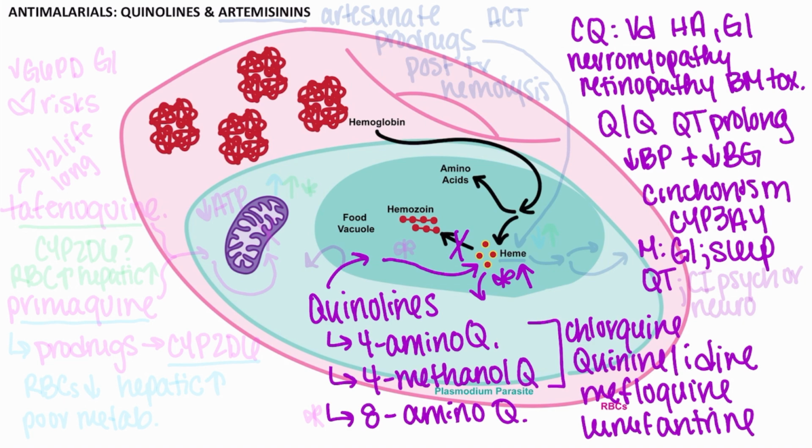Now, this agent is going to be contraindicated in those with psychiatric or neurological issues, and it's also going to be contraindicated in those that have a family history of things like seizure and psychosis risk. There is also mefloquine-induced pneumonitis. And then lastly, the main mechanism of resistance for these quinolines is going to be transporters that are regulating the entry of drug into the food vacuole to hit their targets.